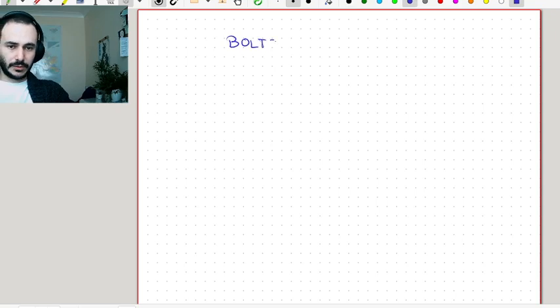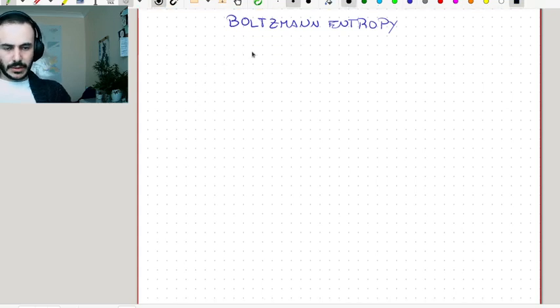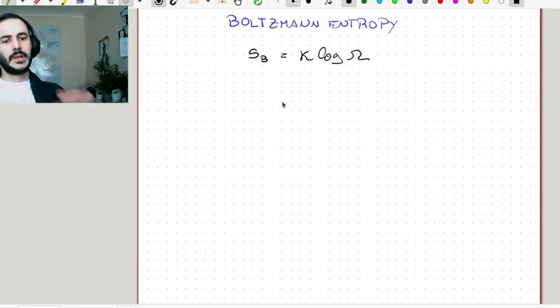So Boltzmann entropy, or Boltzmann principle, if you like. So the formula is this. Let's just call it S_B, and I will explain why in a moment. It is proportional to the logarithm of the statistical weight.